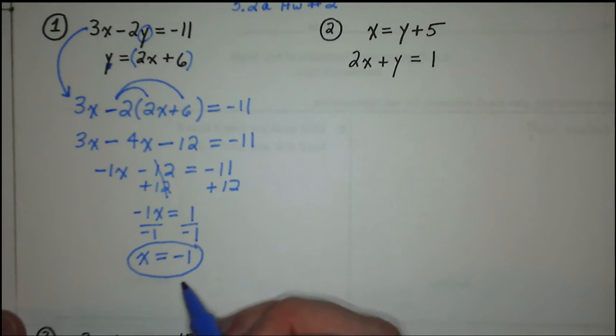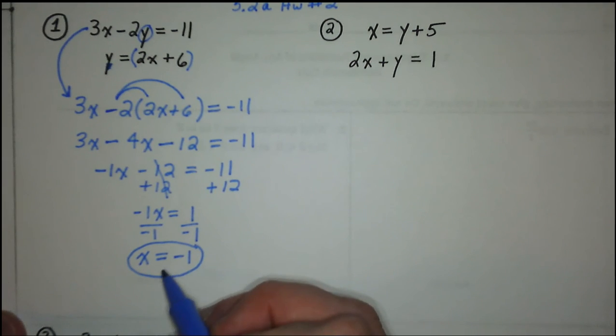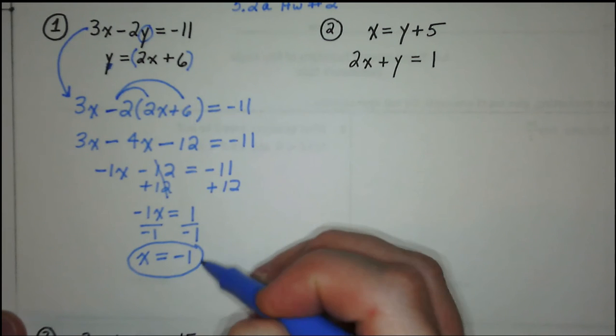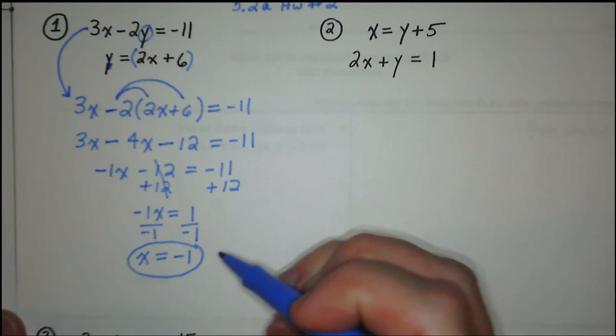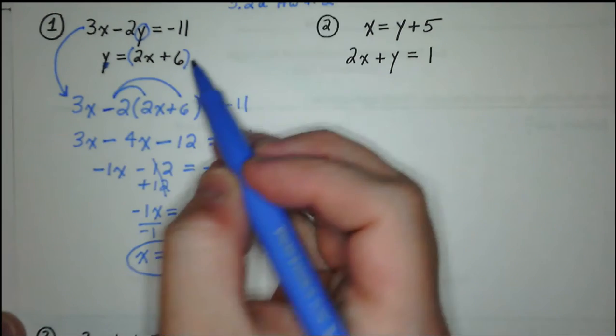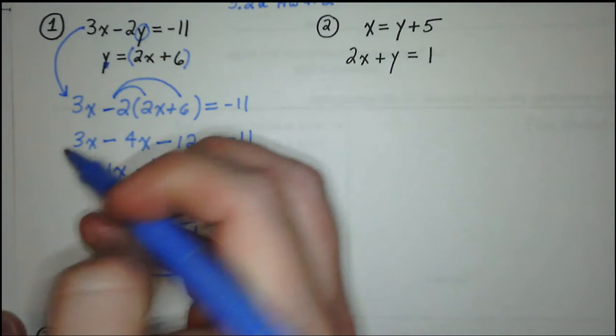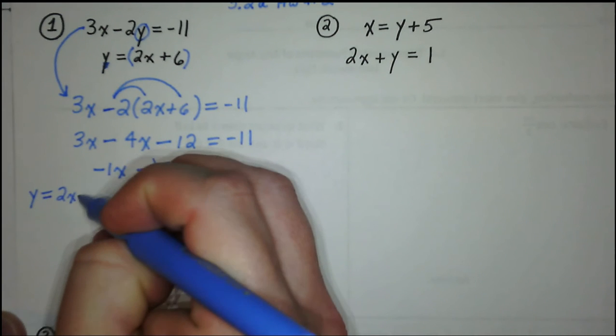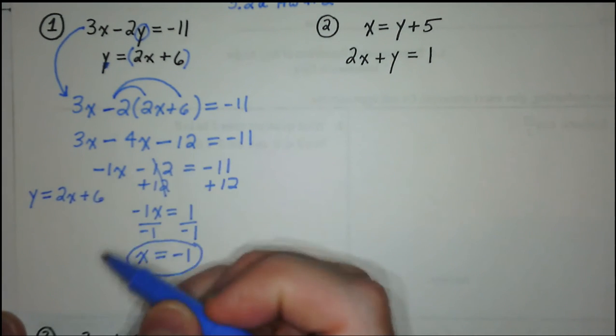Now, don't forget that once you solve for one of your variables, you have to solve for the other one by taking this answer and plugging it into either one of your equations. I'm going to pick this one. I hope you can see how that's going to be a lot less complicated.